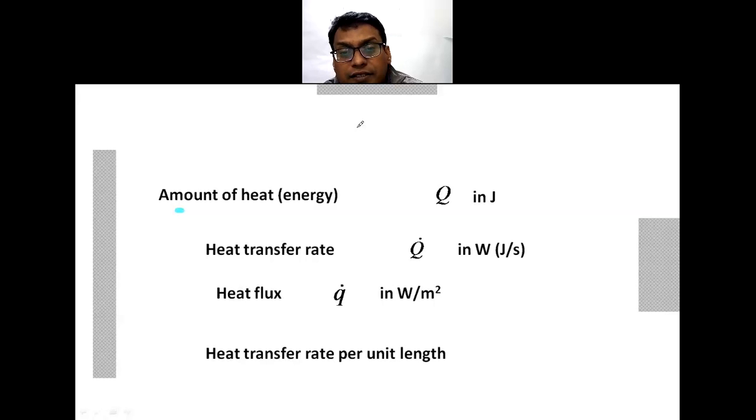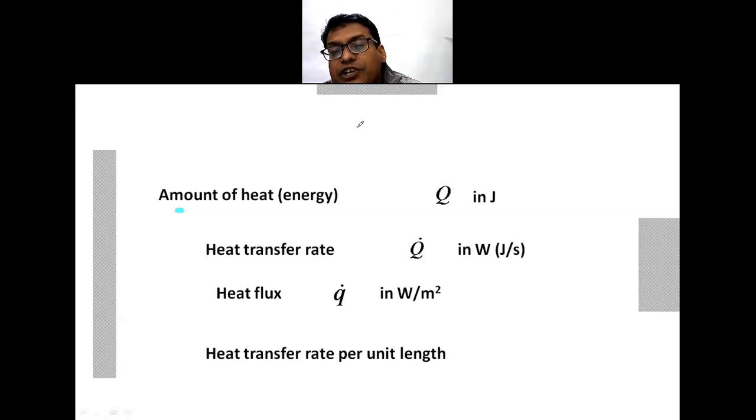Then the heat flux. Heat flux is nothing but the heat transfer rate per meter square, so it has the units of watt per meter square, divided by the cross-sectional area A, or the surface area through which the heat is getting transferred.